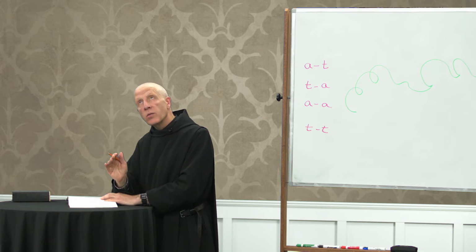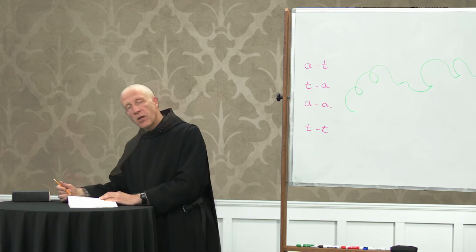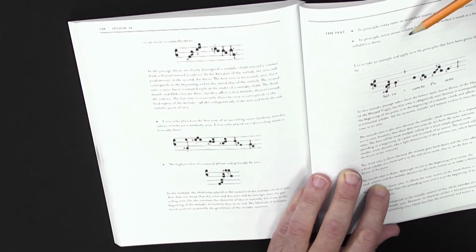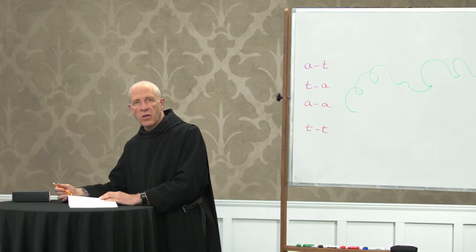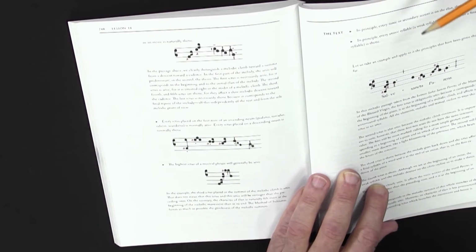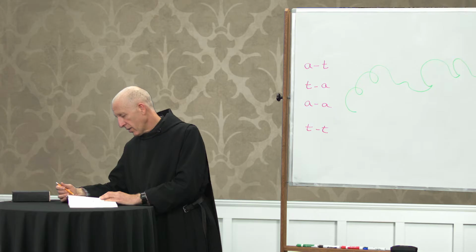There are also some principles we remember having to do with the text. Every tonic or secondary accent is arsic. And every atonic syllable, that's basically every other syllable besides the accents, whether tonic or secondary, every atonic syllable is thetic.